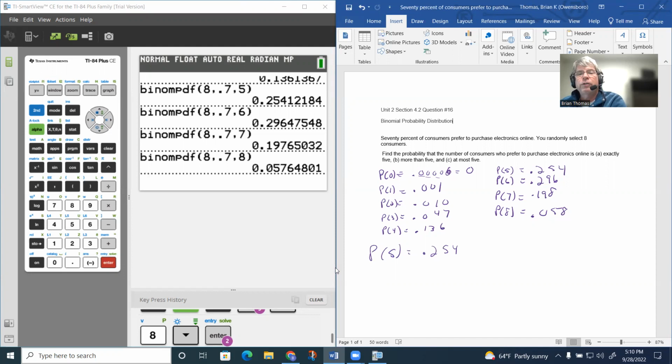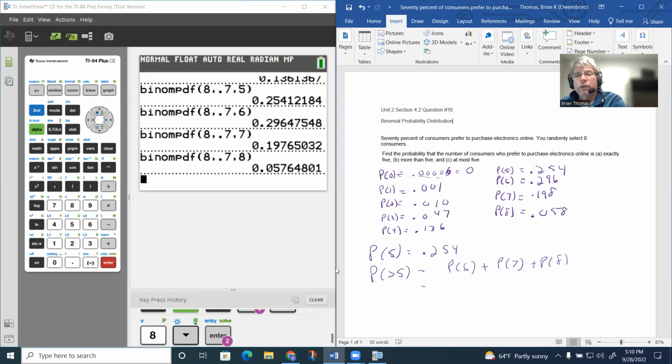The next question says more than 5. So probability of greater than 5. Well, that means I have to take the probability of 6 plus the probability of 7 plus the probability of 8. I got to add those 3 probabilities together.